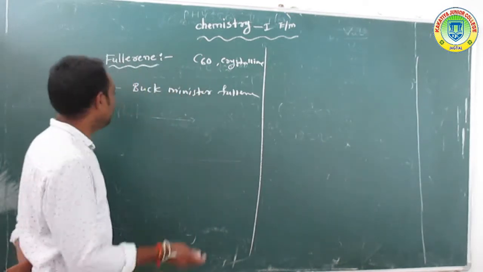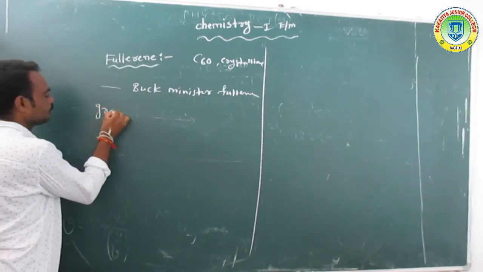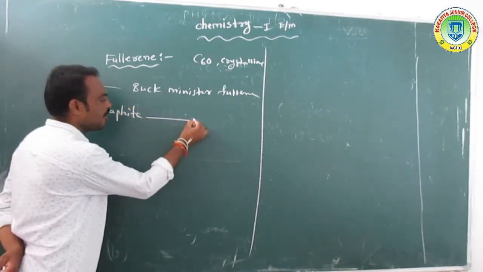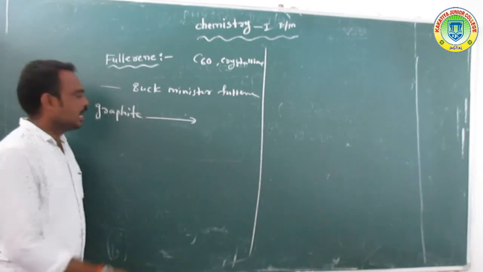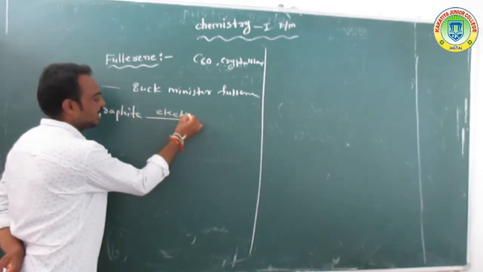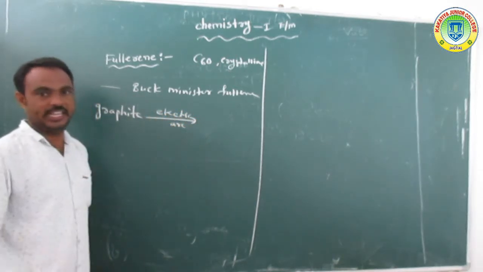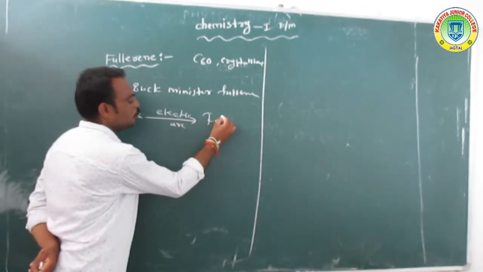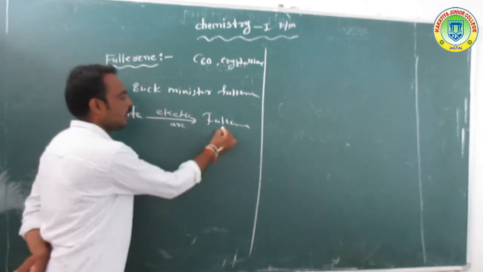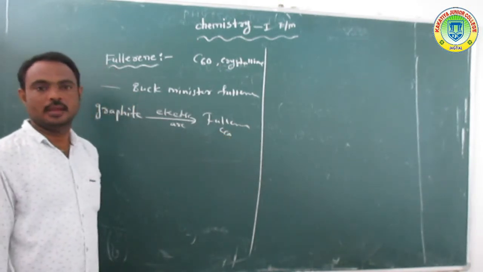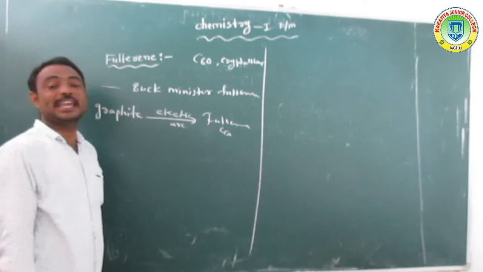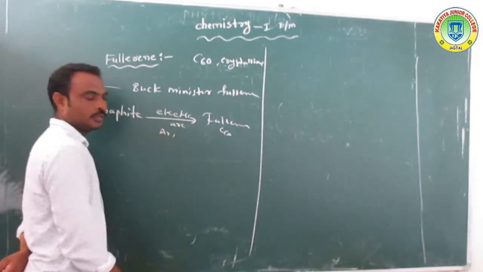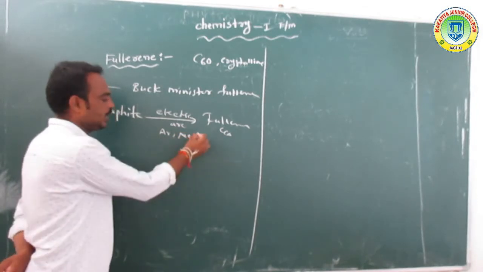Suppose we take graphite. Electric arc or electricity is passed through the graphite to form fullerene, or C60, in the presence of inert gases like argon, neon, helium.